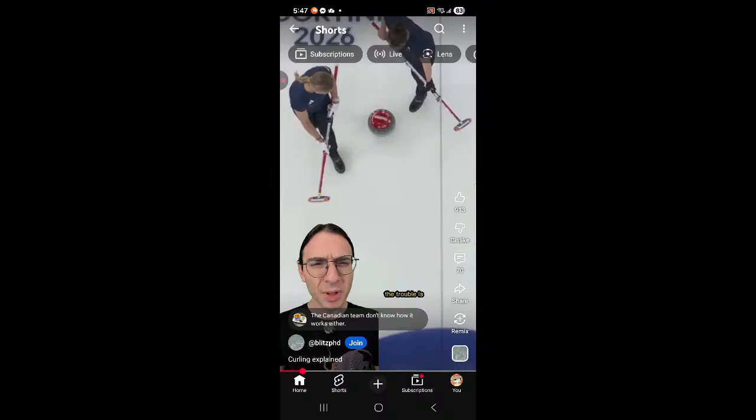counterclockwise, and from the position of the one tossing the ball, the rock, it is moving towards the left. Like I said, that's because the normal curl going this way has the most push in this direction and the least push in this direction.